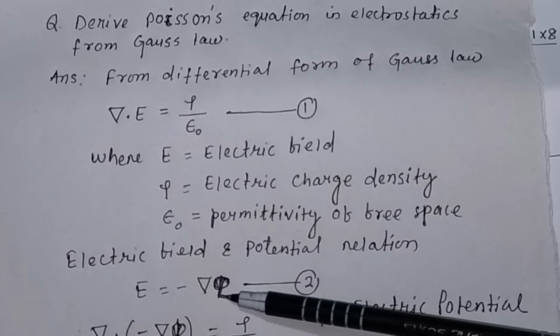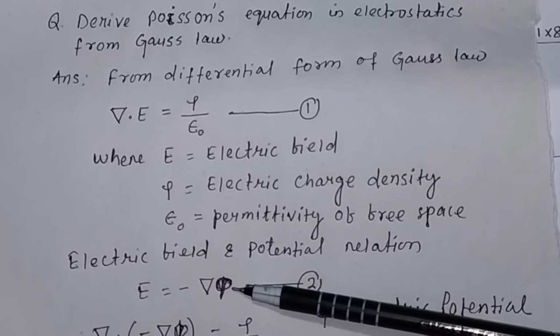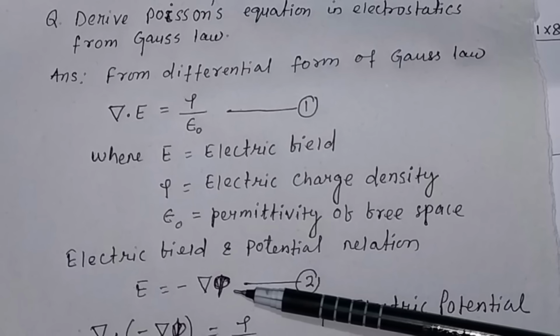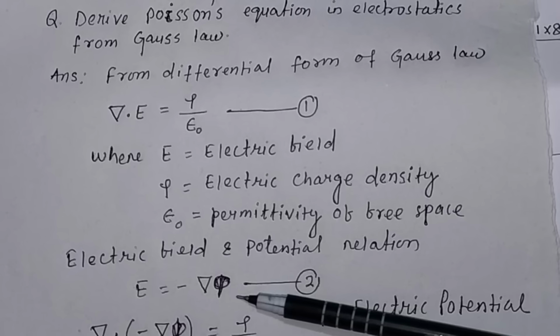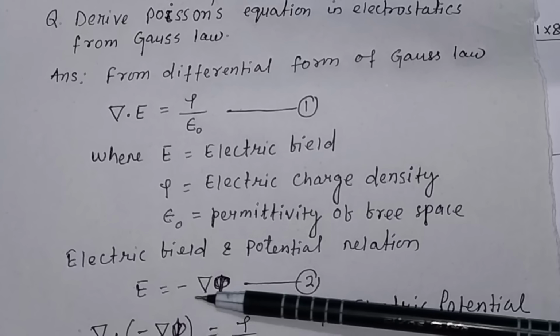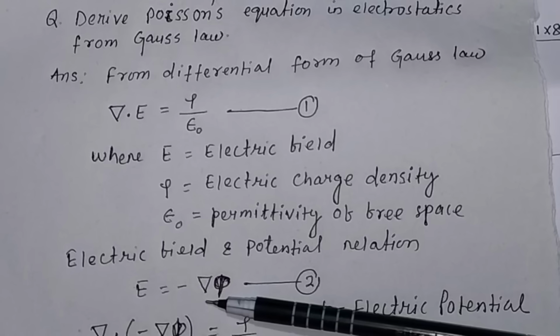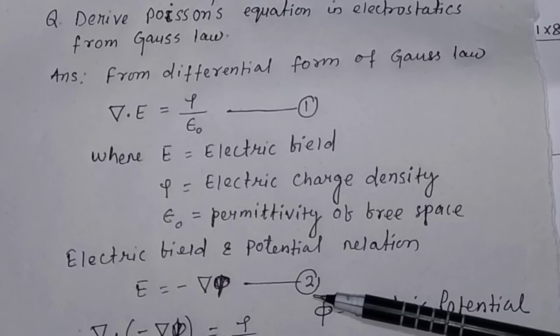So here your potential function is a scalar function, so this is called gradient of phi, or gradient of the potential function. So electric field is equal to negative gradient of potential, that is E equals minus del phi. Suppose this is equation number 2.